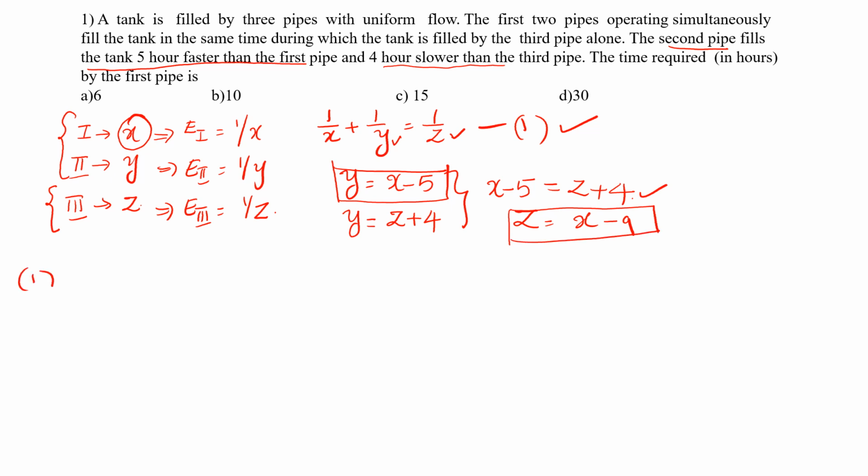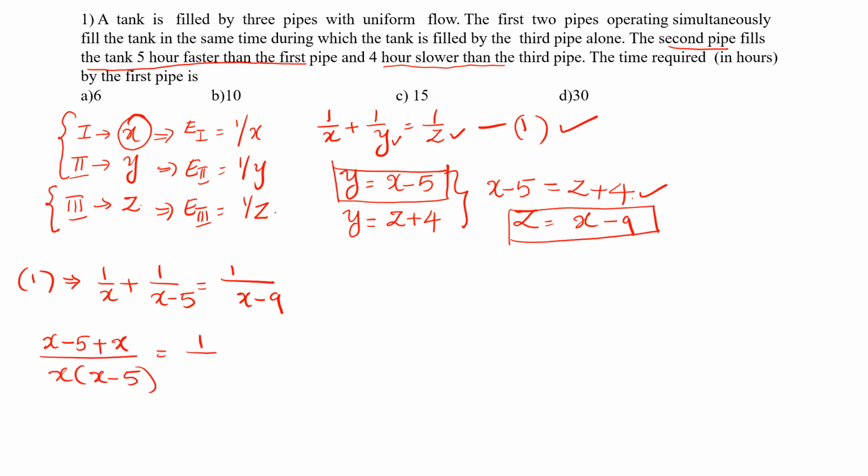So equation 1 becomes 1 by x plus 1 by x minus 5 equal to 1 by x minus 9. Now we'll solve this. That is x minus 5 plus x divided by x into x minus 5 equal to 1 by x minus 9. This is 2x minus 5 divided by x into x minus 5 equal to 1 by x minus 9.